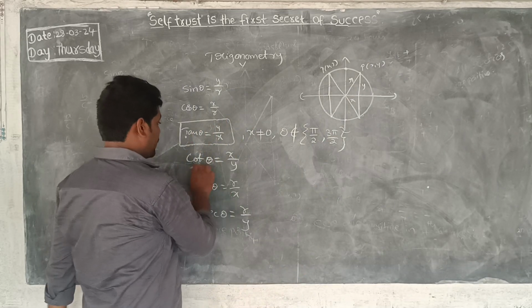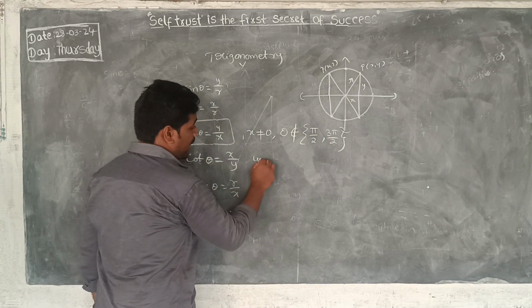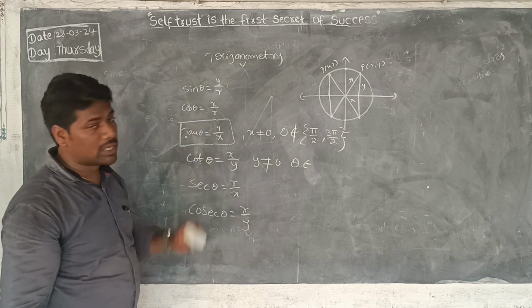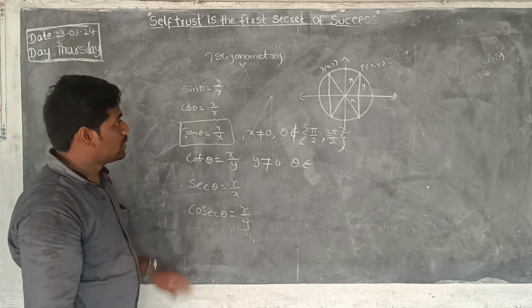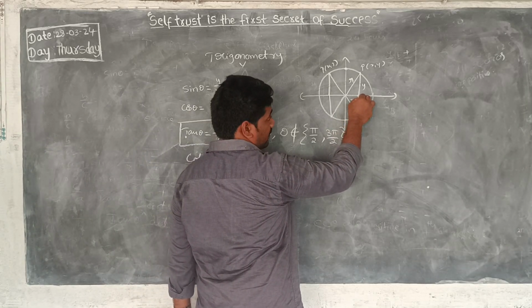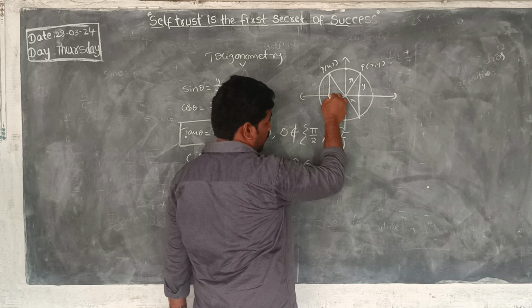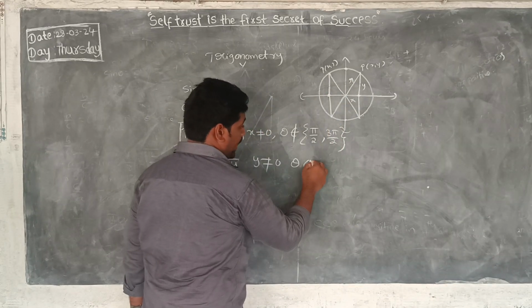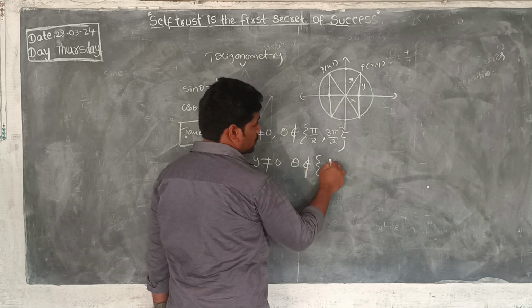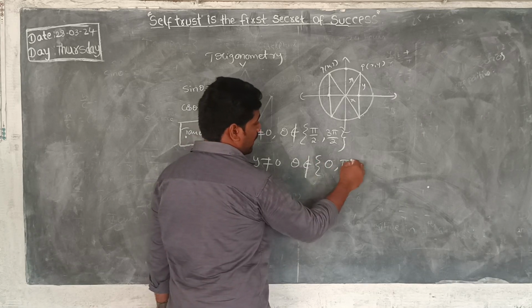Similarly, cot theta is equal to x by y, which is possible only when y is not equal to 0. Y is equal to 0 here, and here y is also equal to 0. So theta does not belong to 0 comma pi.